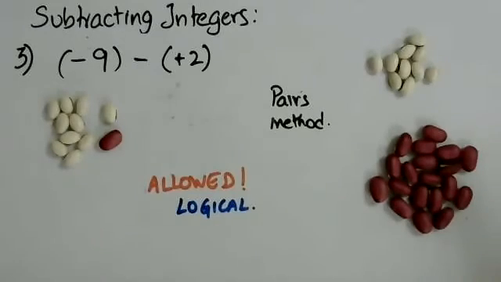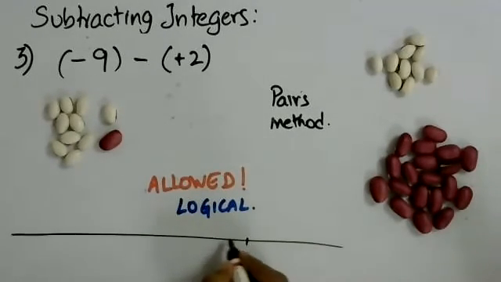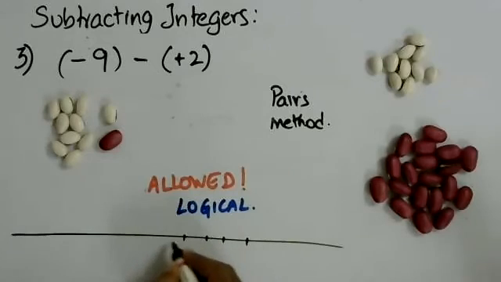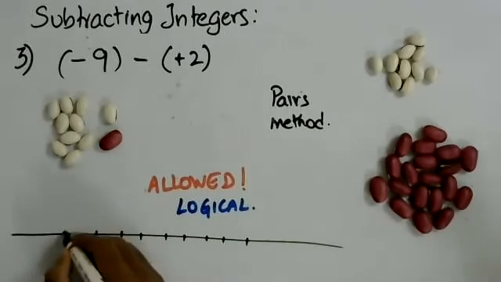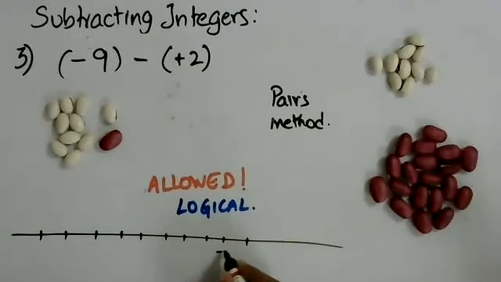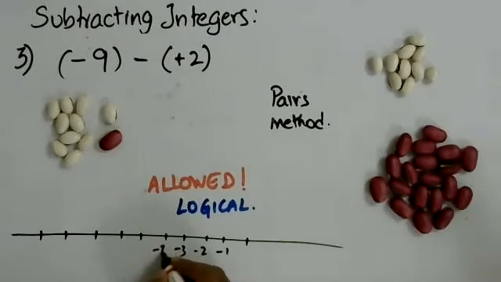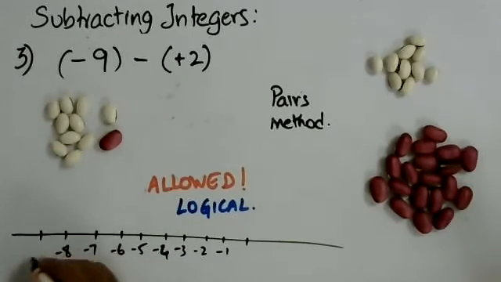If you want to look at it in terms of the number line, I'm just going to go with -9, -8, -7, -6, -5, -4, -3, -2, -1. So you're standing at -9.